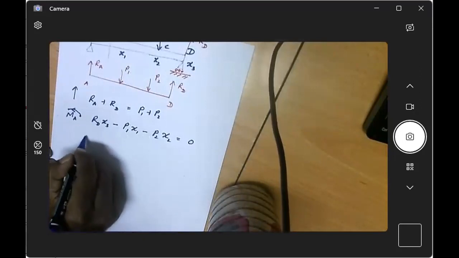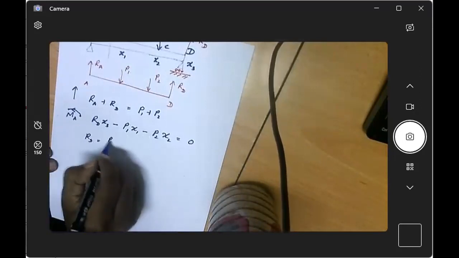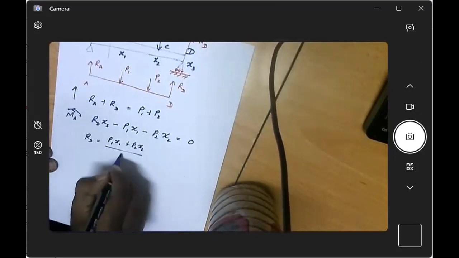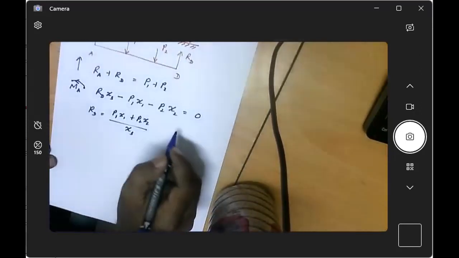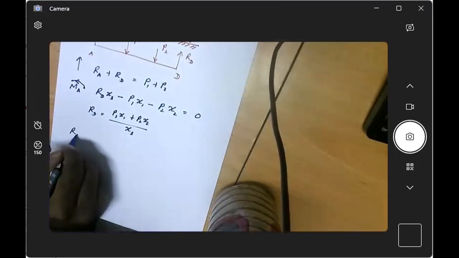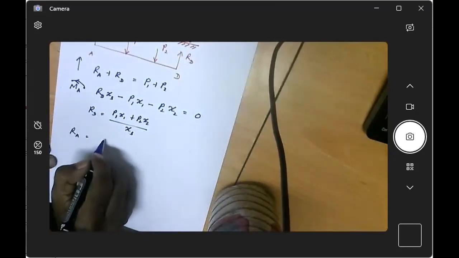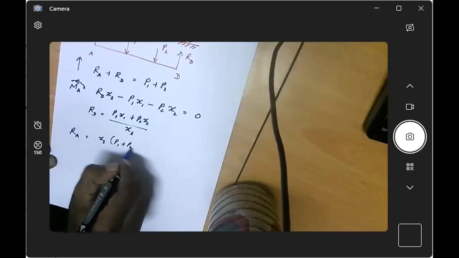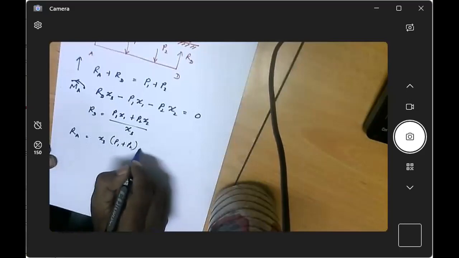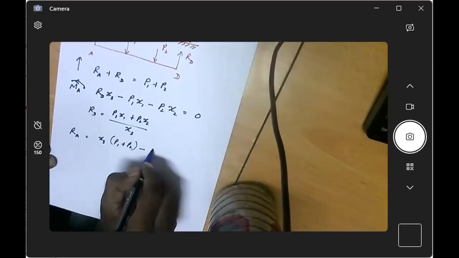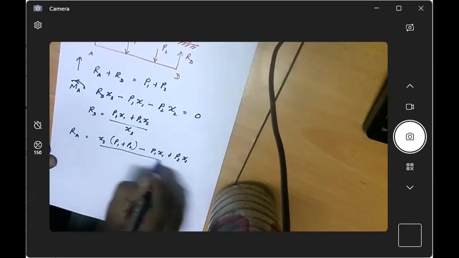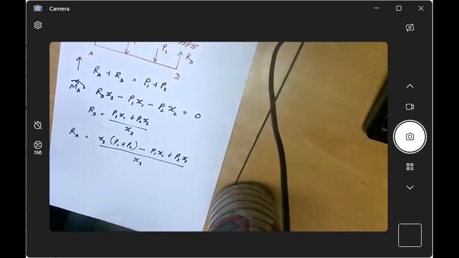So let's do a little bit of simplification. RD is P1 X1 plus P2 X2 over X3. Then that means RA is P1 plus P2 minus RD, right?